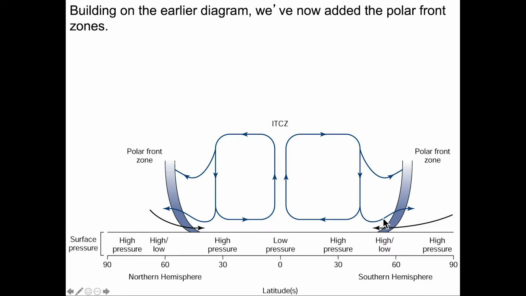Some of this diverging air moving to the south is going to run into cold polar air from the high altitudes of the center of Antarctica. That air is going to slide underneath this mid-latitudinal air and generate storm fronts, precipitation action here.